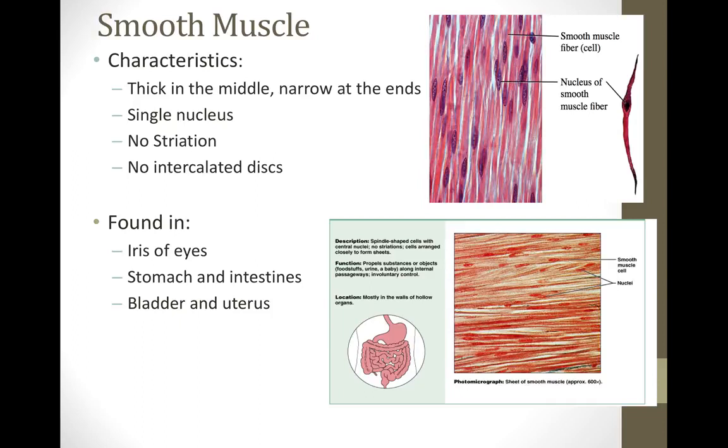There is no striation, the light and dark pattern, and there is no intercalated disc, because smooth muscle does not necessarily deal with a significant amount of pressure. Some of the locations where you can find these are the iris of the eye, stomach, intestines, bladder, and uterus. Interestingly, the movement of smooth muscle is involuntary, which means that you have no control over such movement.